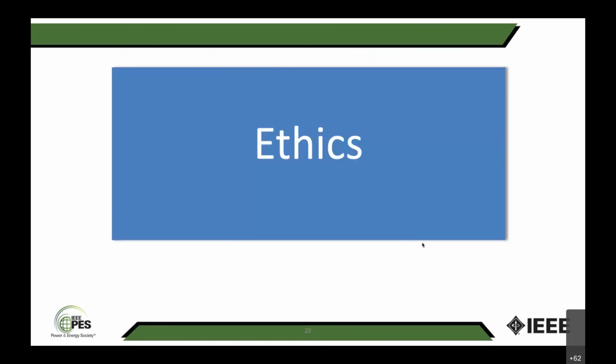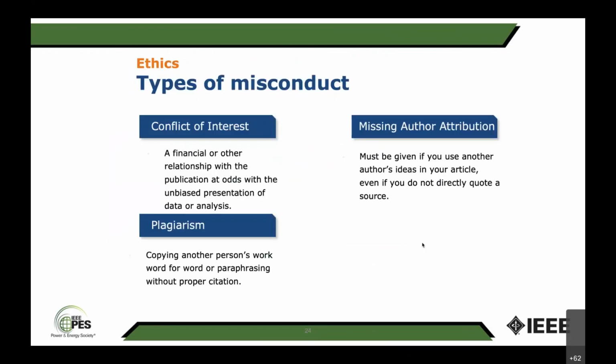Done. Okay. Now let's talk about ethics issues in a paper. Ethics means misconduct. One is conflict of interest. Many cases in our business, a project is funded by a company or some government labs or the government sources.